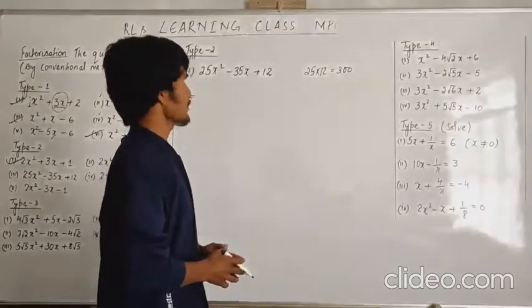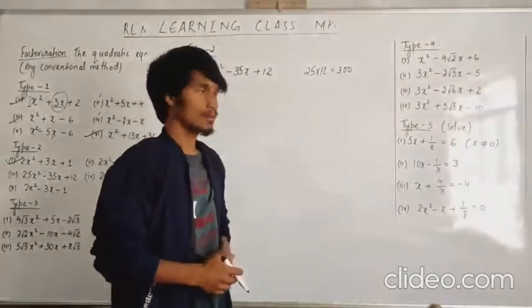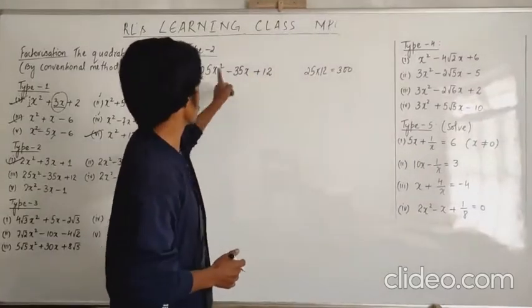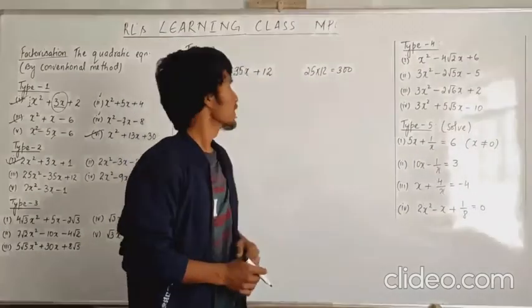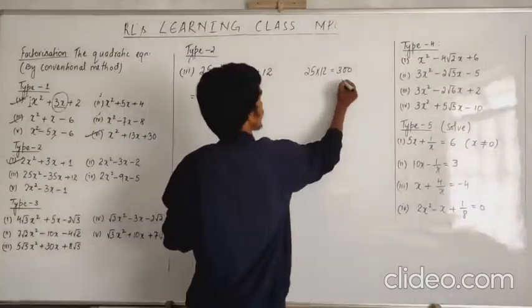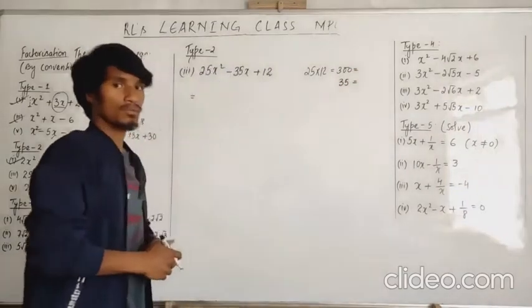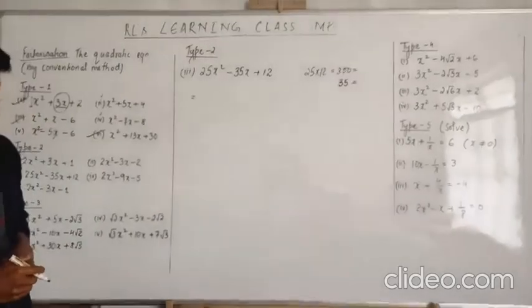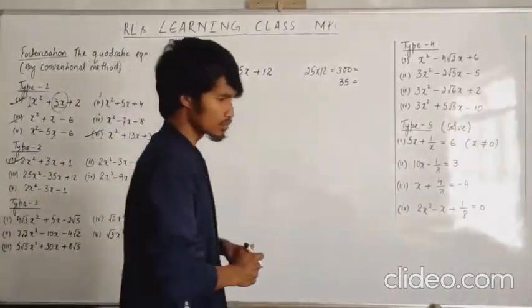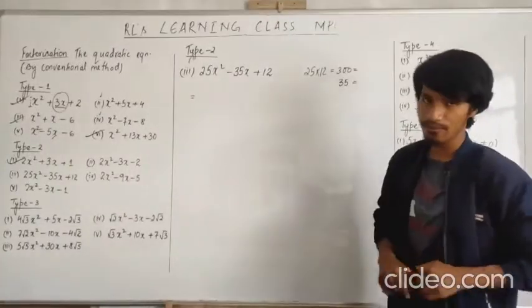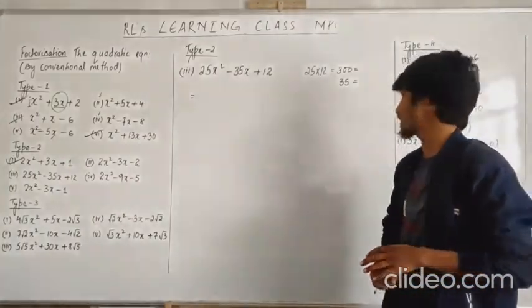Now the product term we got is 300. But here what we need is 35. Then what shall we do? We need a pair of numbers which multiply to get 300, and when we add we have to get 35.